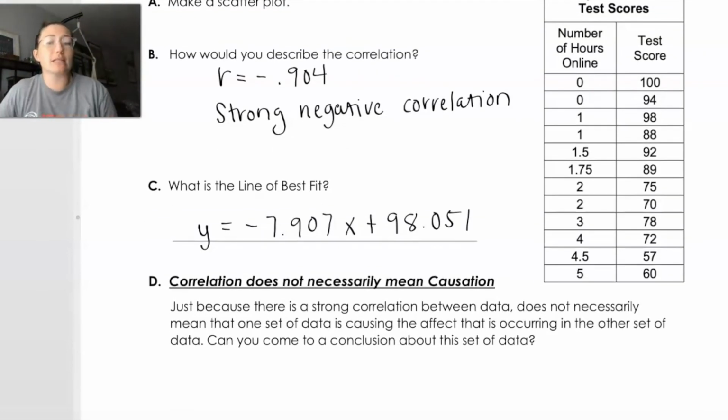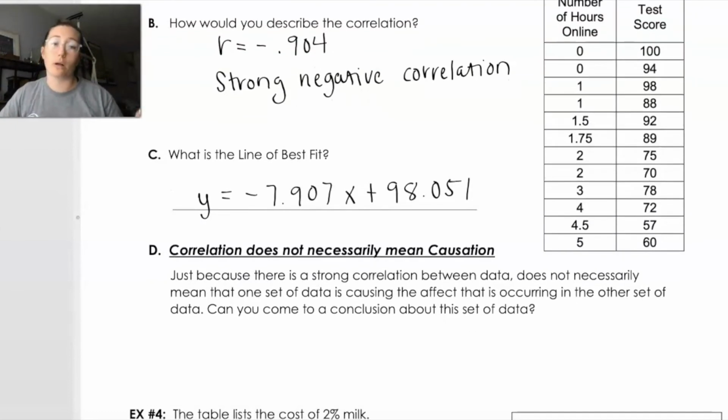So some reasons we could say that is maybe that kid who spent 5 hours online, maybe he was studying the entire time. And maybe the kid who spent 0 hours online, maybe he's grounded from his computer, but always does well on his tests anyways and just studied. Whatever the case is, we don't know the circumstances. So we can't say, well, if you spend 5 hours on the computer, you're going to fail your test. We can't draw that conclusion.